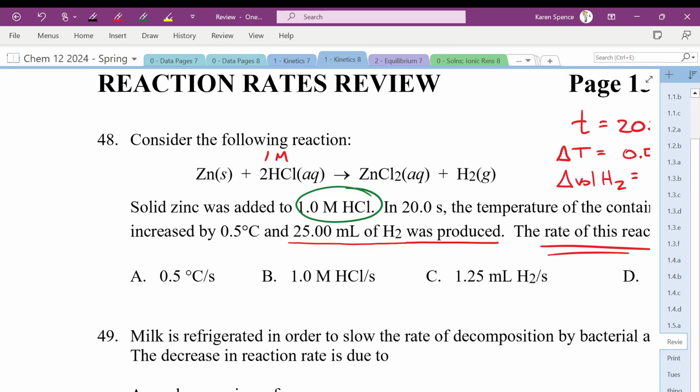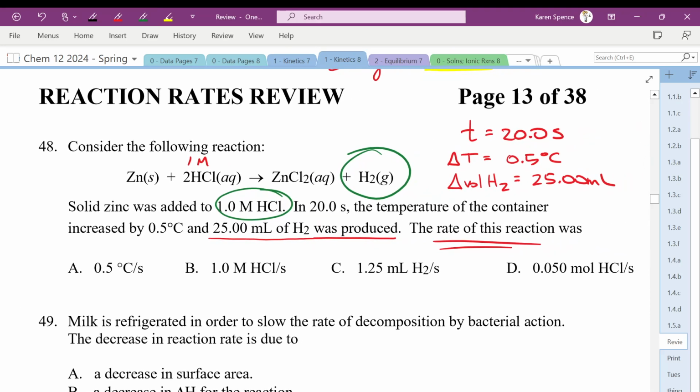No. So I might still have some left over. But what I do know is that my temperature increased by 0.5 degrees, so that's a change in temperature. And I know that I started with no product, so I didn't have any H2, and it increased to 25 milliliters. So I know the change in volume. I don't know the change in molarity because I know I started with 1 molar, but it does not tell me how much I finished with. It doesn't say it got all used up.